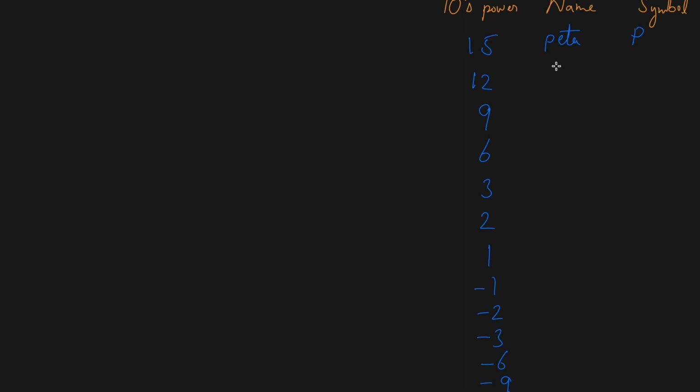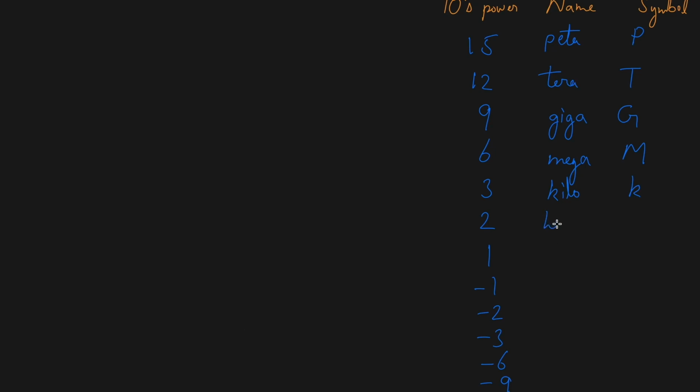So here we have peta, tera with T. Here we have giga with tens exponent of 9, G, mega with capital M, kilo as we have discussed before with small letter k.